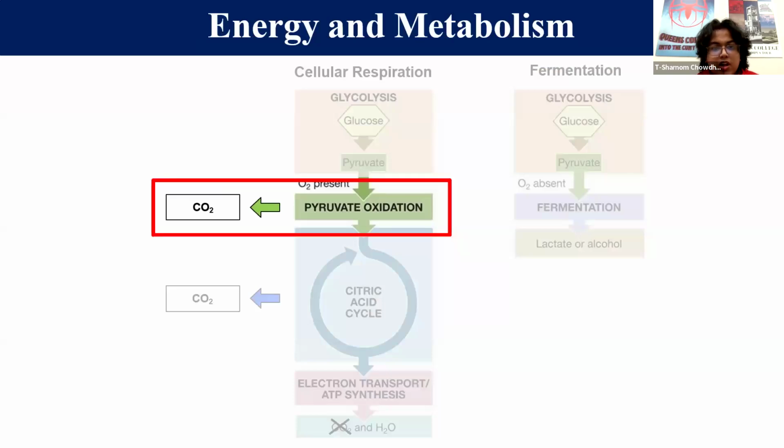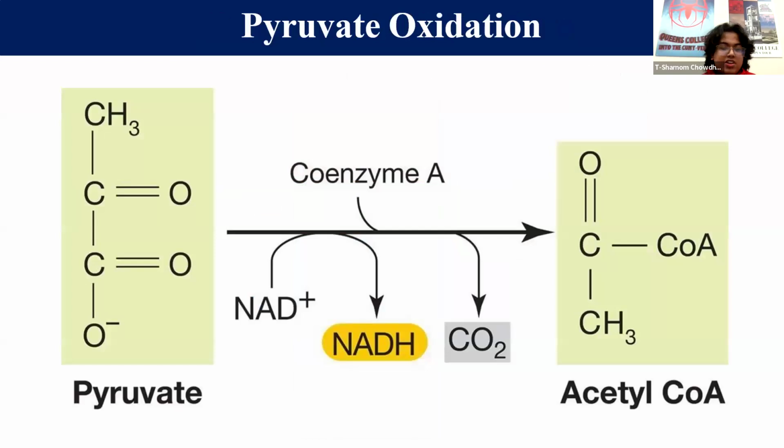Now we're going to talk about pyruvate oxidation as you see in cellular respiration. Pyruvate eventually turns into acetyl-CoA. A decarboxylation of each molecule of pyruvate yields 1 molecule of carbon dioxide and acetate.